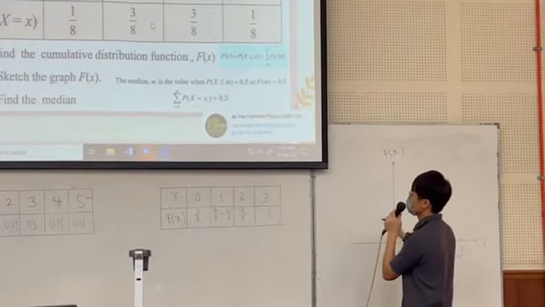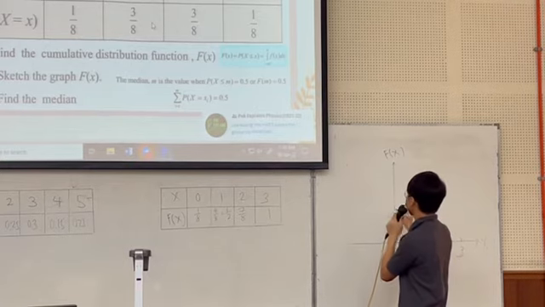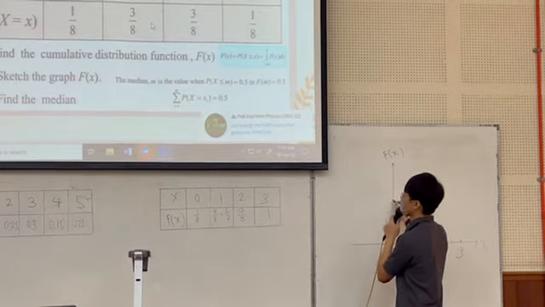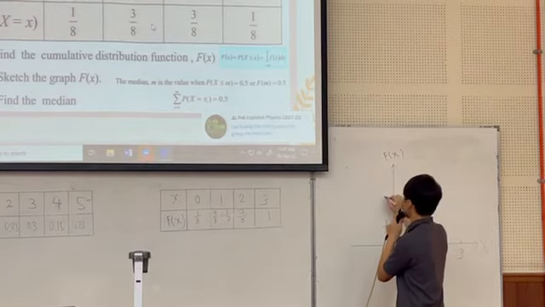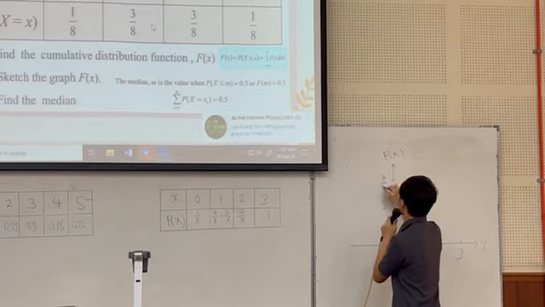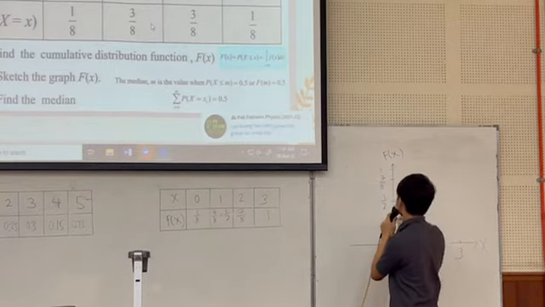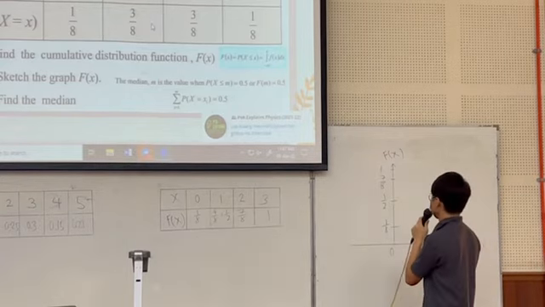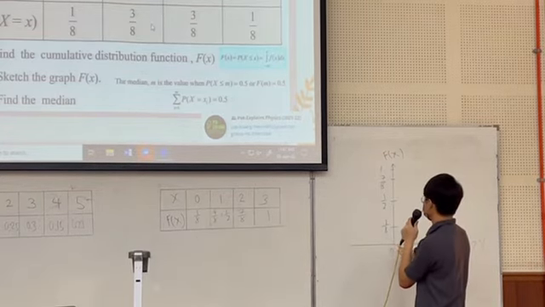So we have the probability 1 over x here, and 1 over 2, and 7.8, and also 1. So we start from 0.